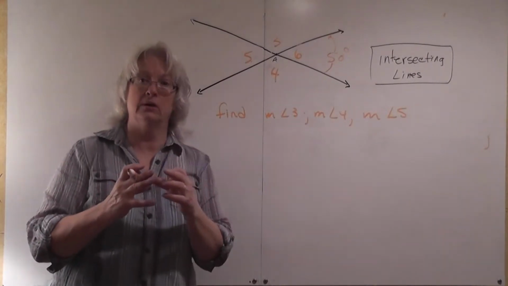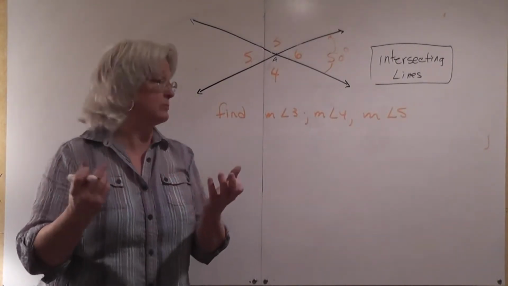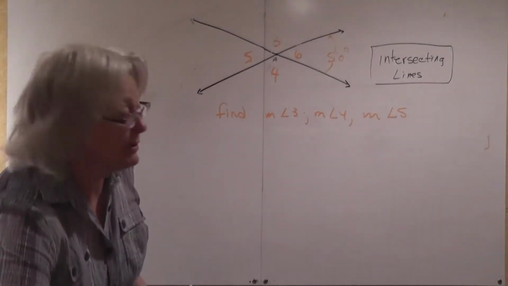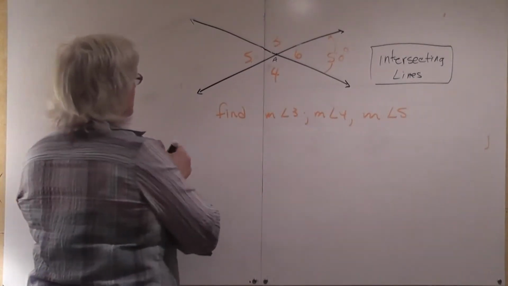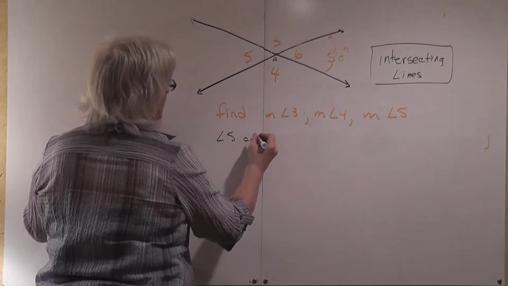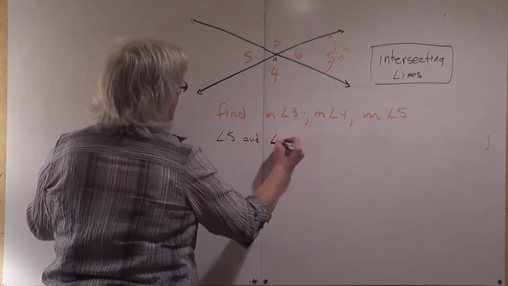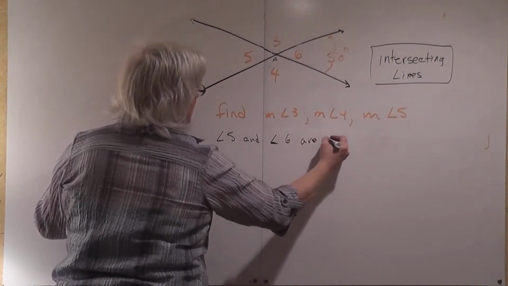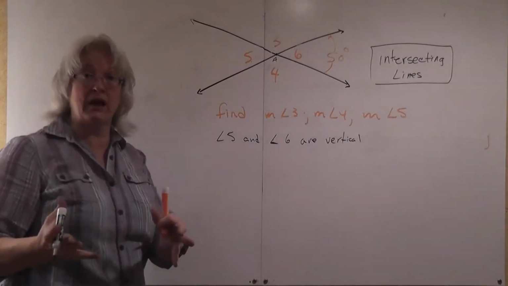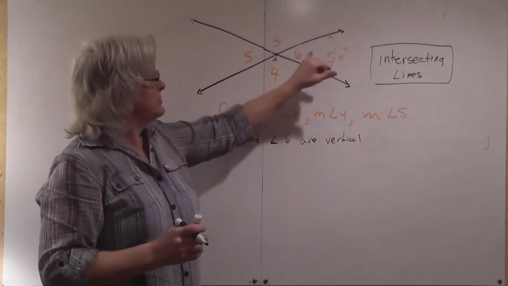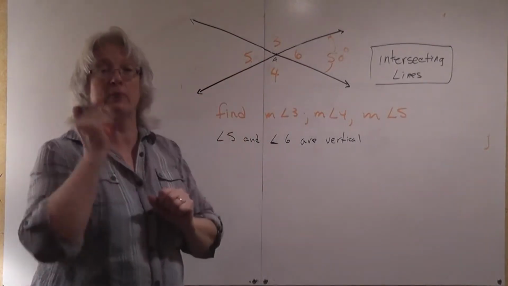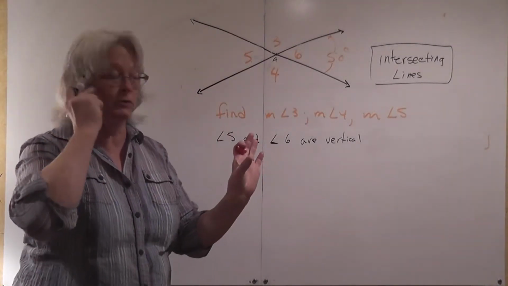We have vertical angles. What do we know about vertical angles? Vertical angles are opposite one another. So we can say angle 5 and angle 6 are vertical. Do you agree with that? They're opposite from each other. What do we know about vertical angles?